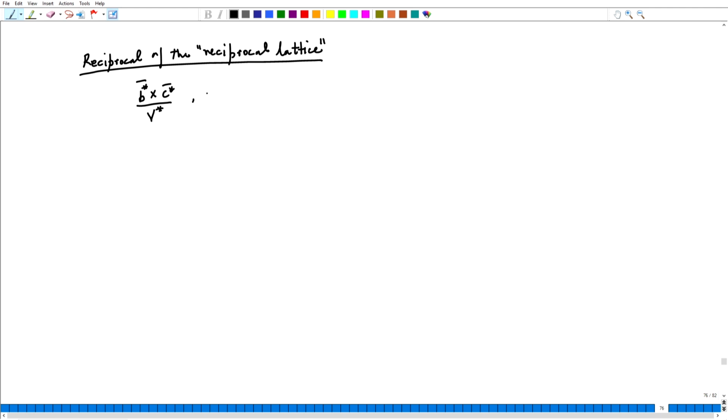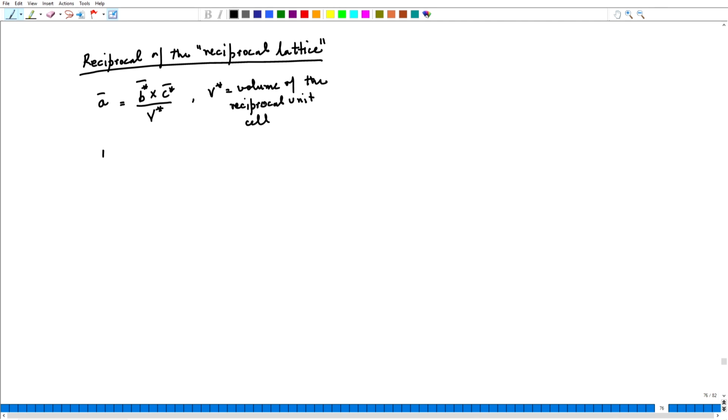So, here V star is the volume of the reciprocal unit cell. Actually, we get back the real lattice. So, this would be equal to the vector A of the real space lattice.